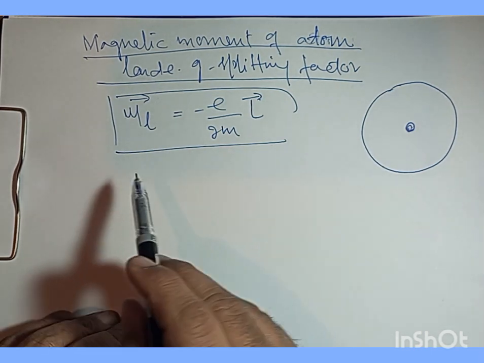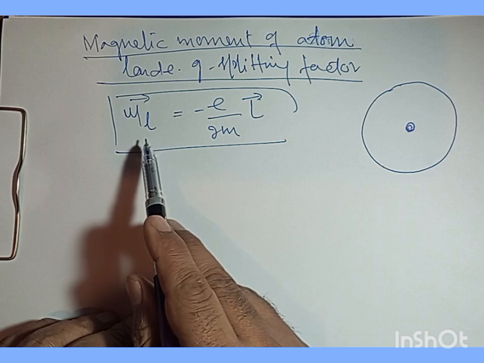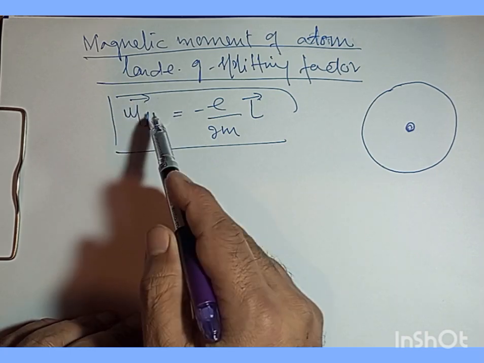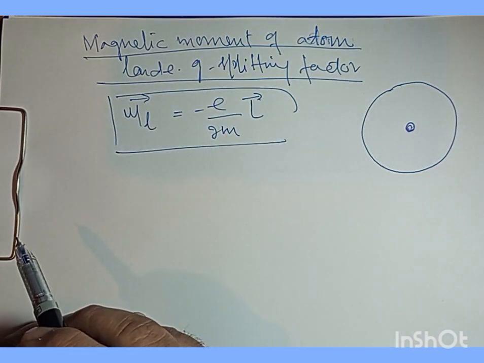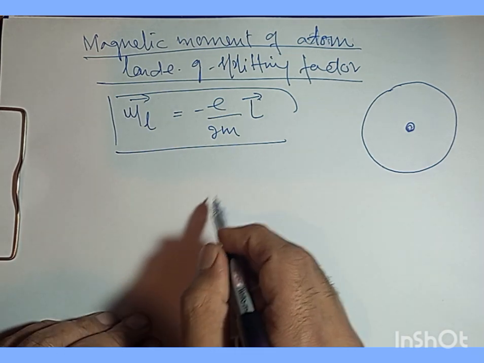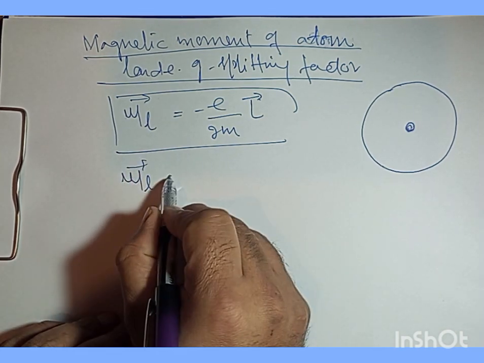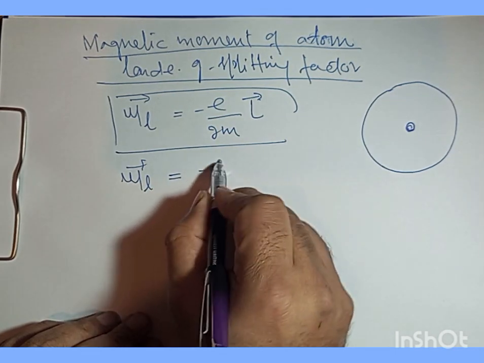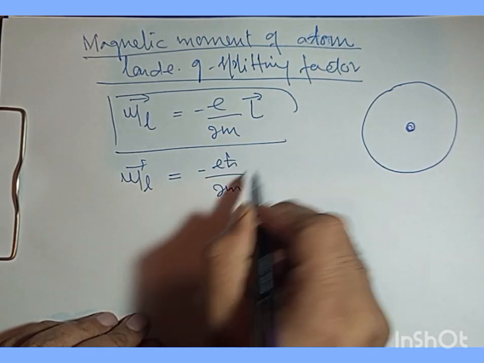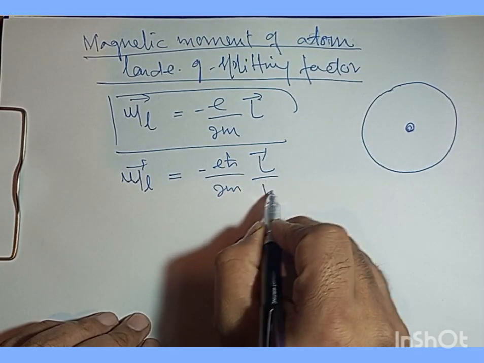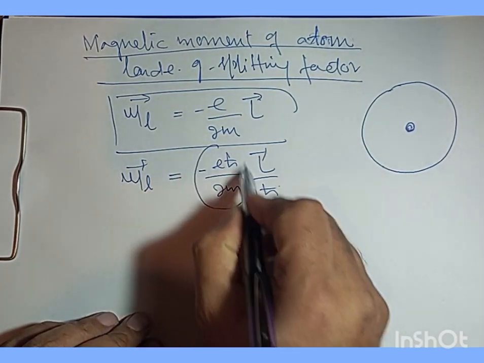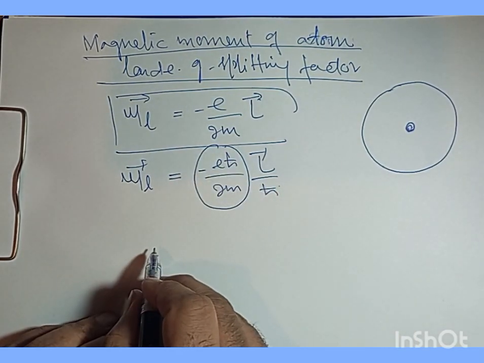At the same time, we can understand that the direction of this mu L is opposite to the direction of L. If we go a little bit more from here, we can write down minus e h cross by 2m times L by h cross. Now this term is what's called the Bohr magneton.